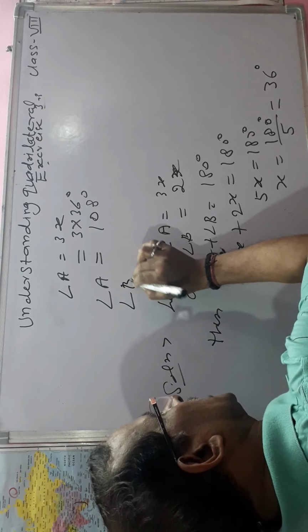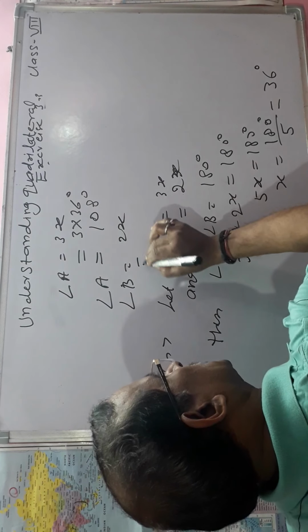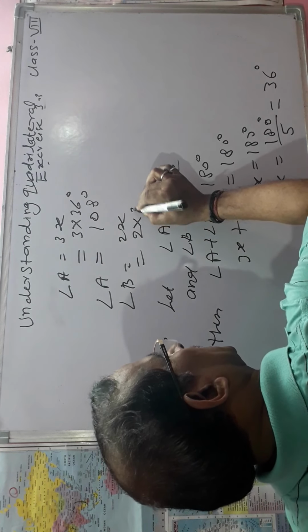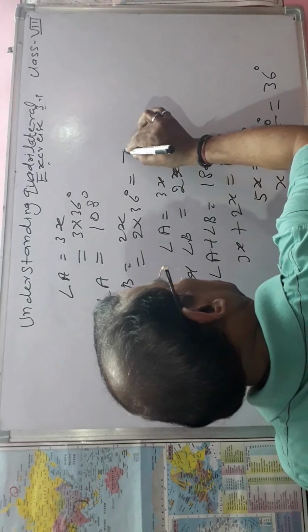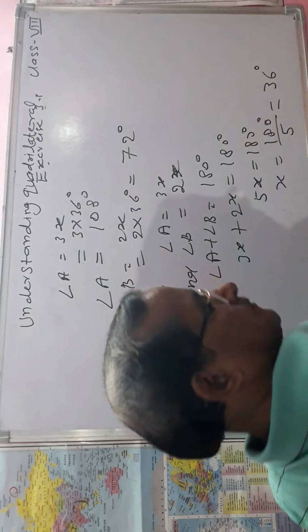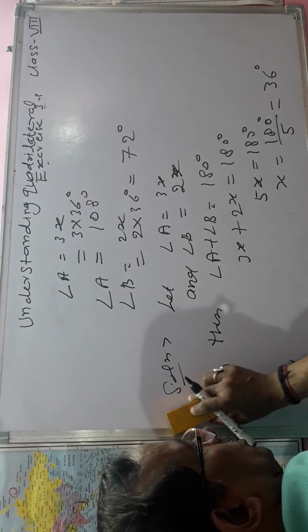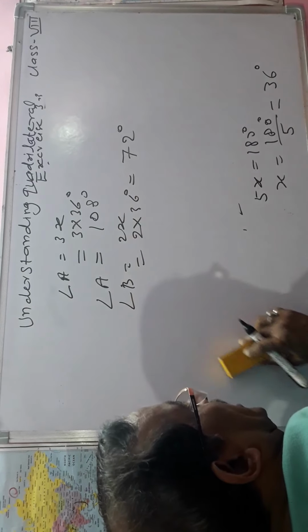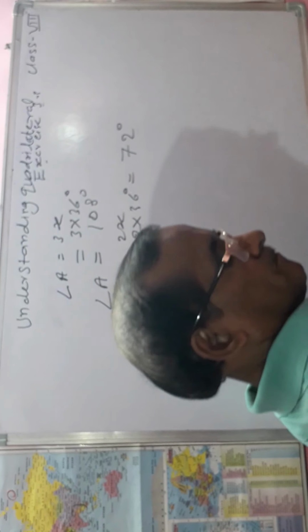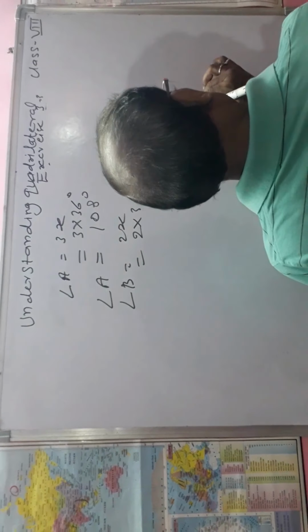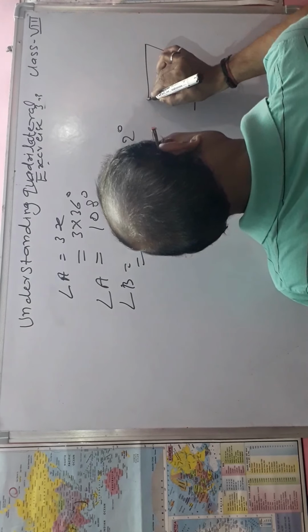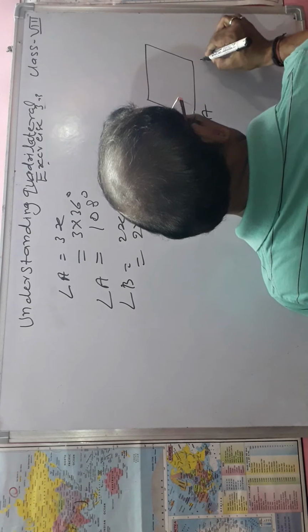Angle B is equal to 2x, 2 multiply 36 degree is equal to 72 degree. Now angle C is the opposite angle of B. Now we have to draw the figure of a parallelogram ABCD.